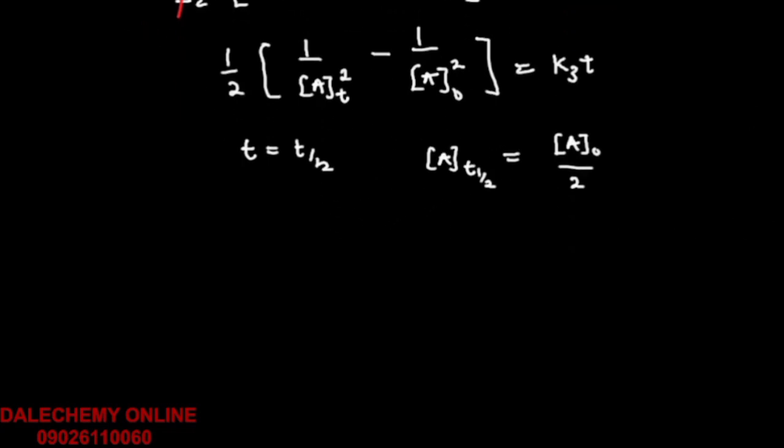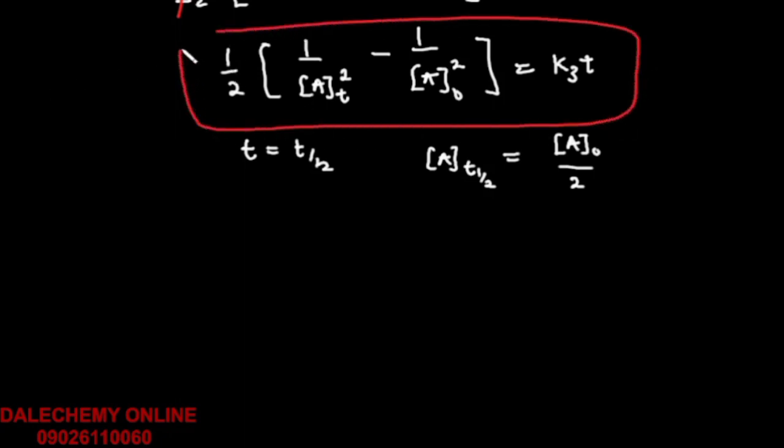Now don't forget this whole expression is the integral rate law for third order. So if you want to find the half-life from here, just substitute t for t half and a to what? a naught over 2.